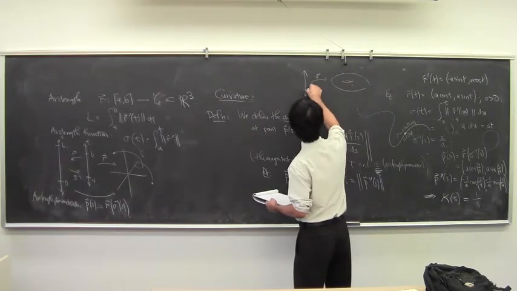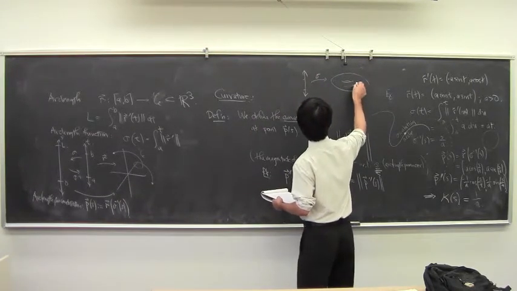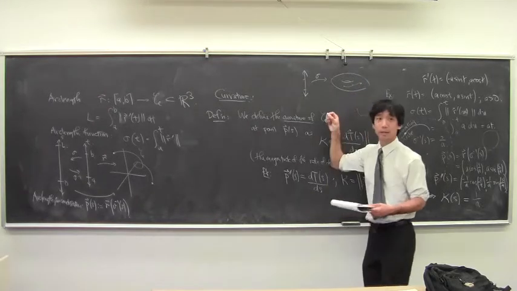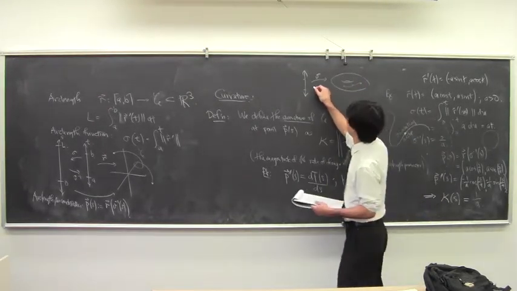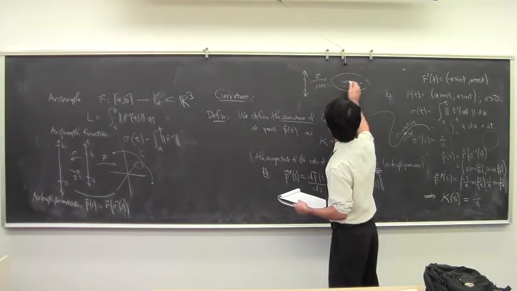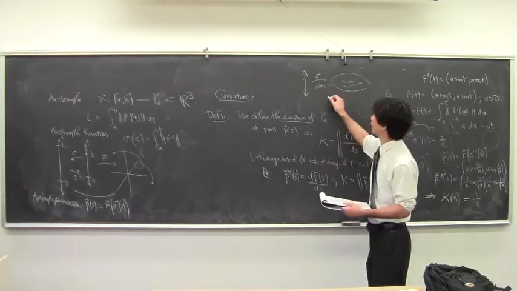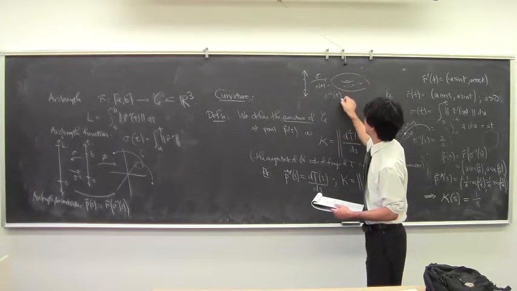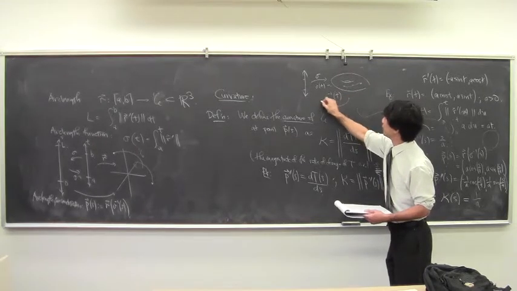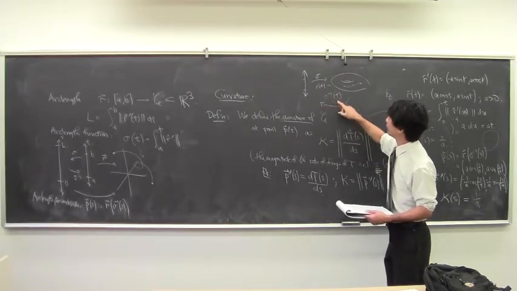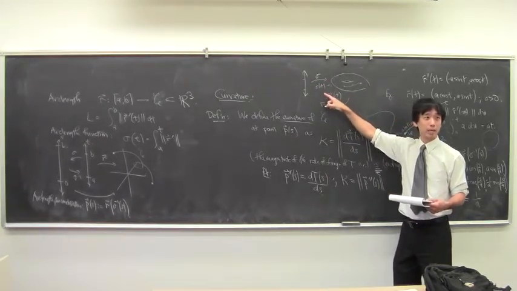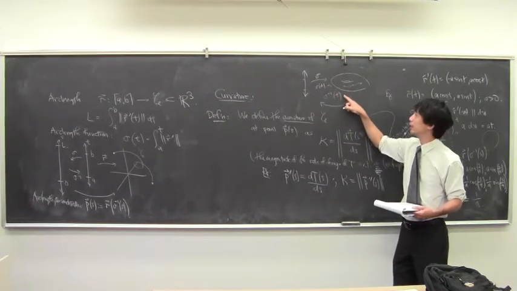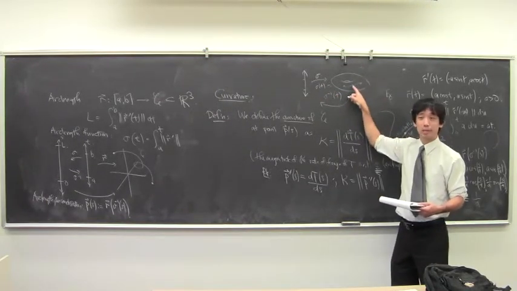At each point in time, it gives me a position on the donut. So sigma of t is some position on the donut. If I write sigma inverse of t, that's saying the inverse function should have the same input as the original function. But you see that t is no longer time. T is actually something in space now.